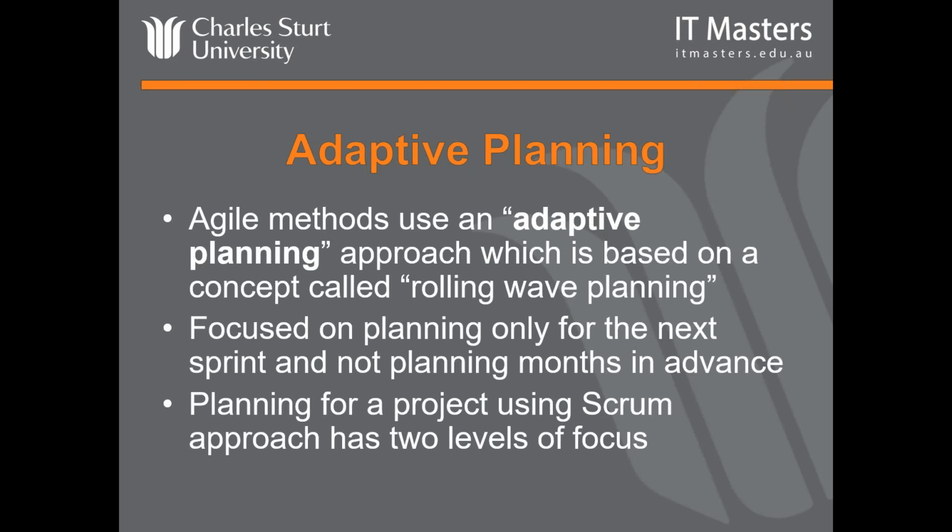So as we've said, Agile methods all use what's known as adaptive planning. And the Scrum team is working based on the priorities set by the product owner for that backlog. If the product owner wants to change the priorities, they can do so for the next sprint. And this is supported by the concept of adaptive planning.